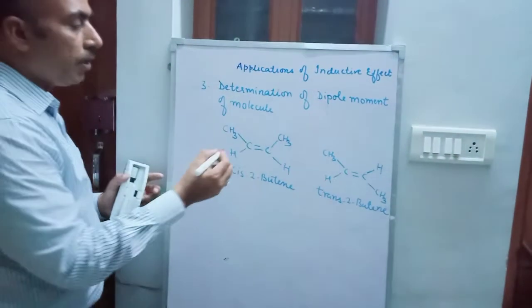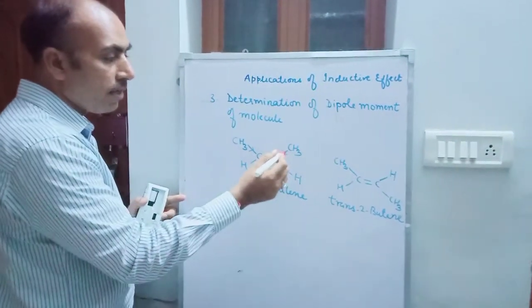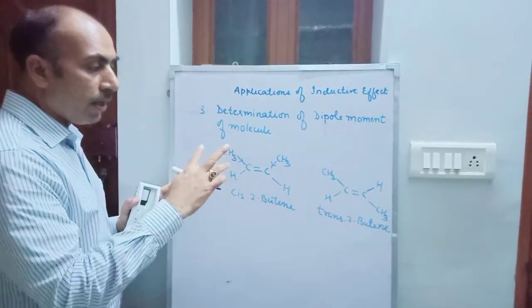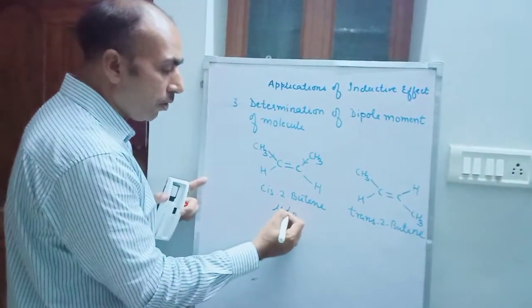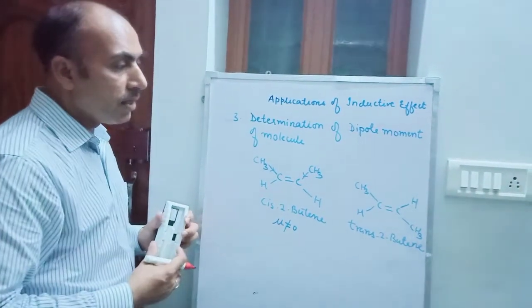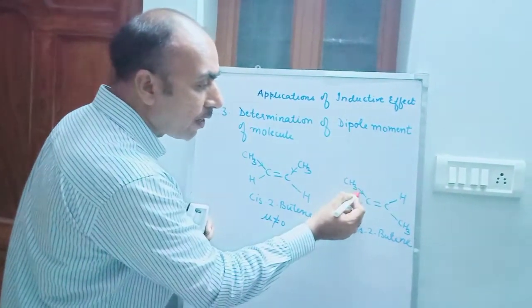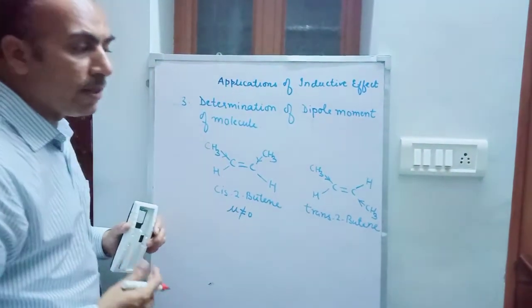In cis-2-butene, the methyl groups are exerting the plus I effect, and as both the plus I effects are on one side only, the direction is the same, so the dipole moment will not be equal to 0. There will be some dipole moment in the molecule. Whereas in case of trans-2-butene, the plus I effect exerted by one of the methyl groups is opposite to that exerted by the other.